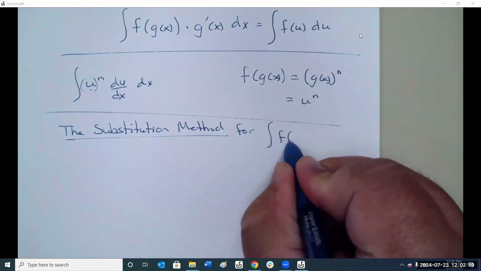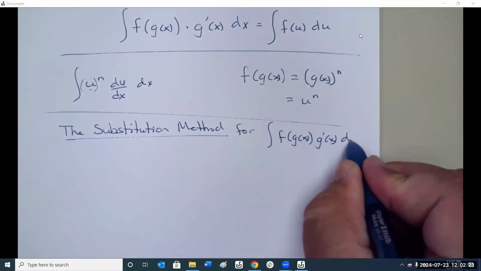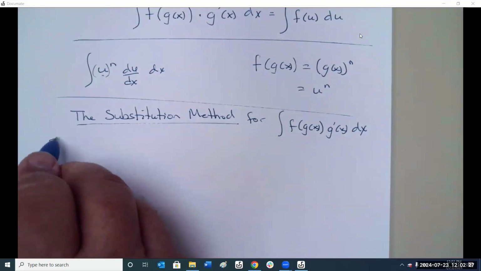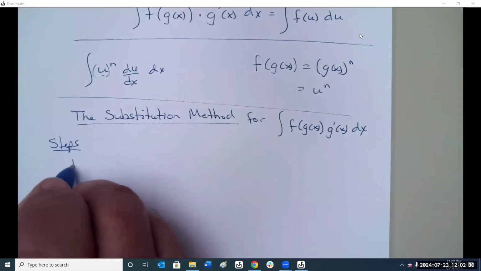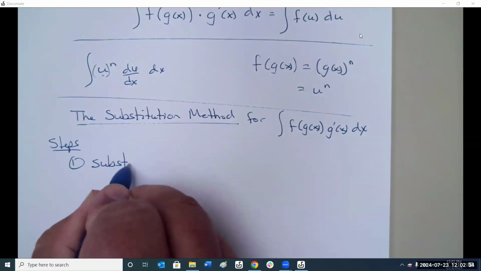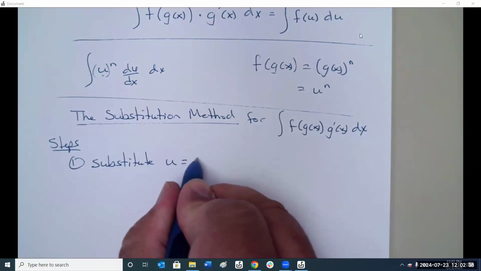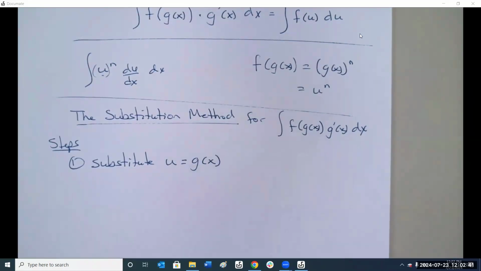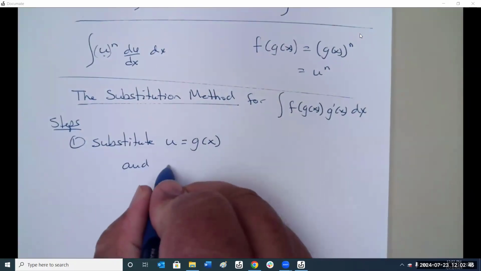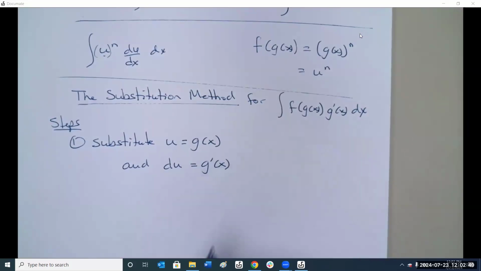Or what we just talked about, the integral of f of g of x times g prime of x dx. The first step is substitute u for g of x, and du is the derivative of g of x.